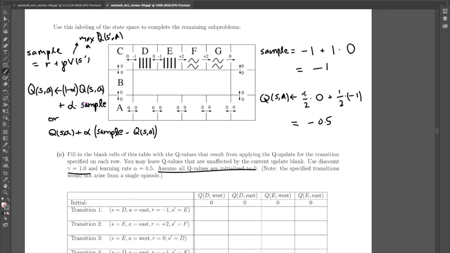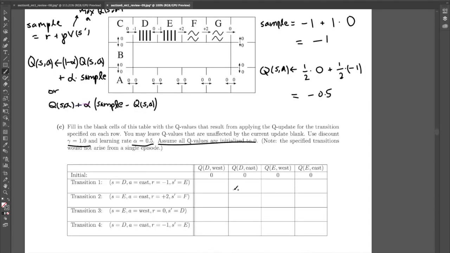What's the Q update? It's 1 minus alpha, so we know alpha is equal to half, so that's half times the old Q value, which is initialized to 0, plus half times the sample value, which is -1, which gives us -0.5. So what do we write in this row? Well, the Q value which was updated is Q of D comma east, so this gets updated to -0.5, and that's it for the first row.